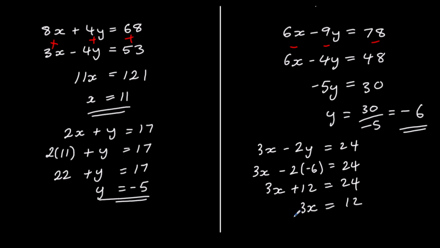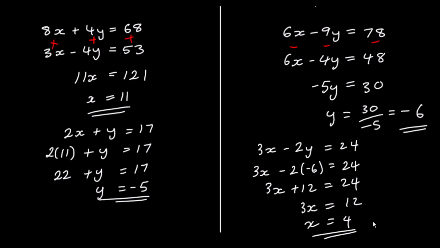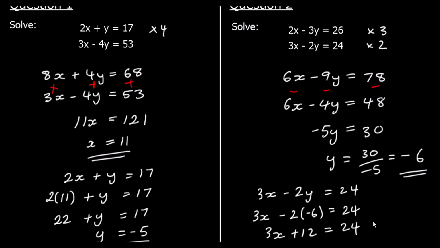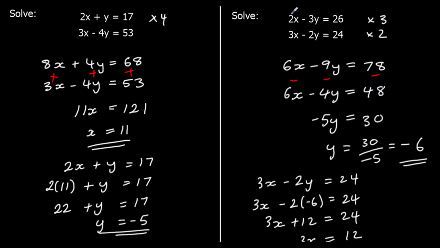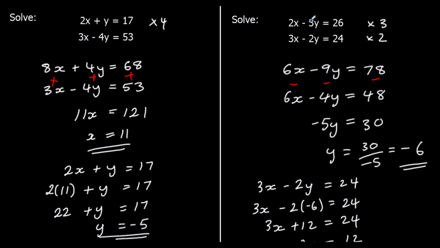And divide both sides by 3. x is 4. So y is negative 6 and x is 4. And again, you can check your answer by substituting into the other equation. So if you did 2 x's, 2 4's, 8 minus 3 negative 6's, so 8 plus 18 makes 26.